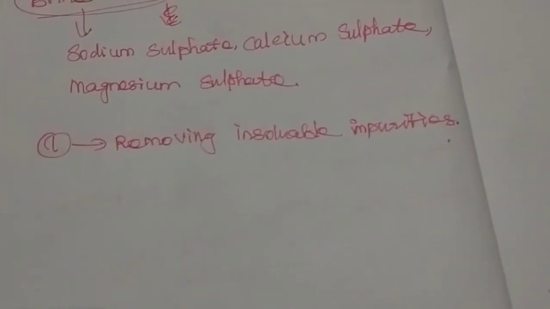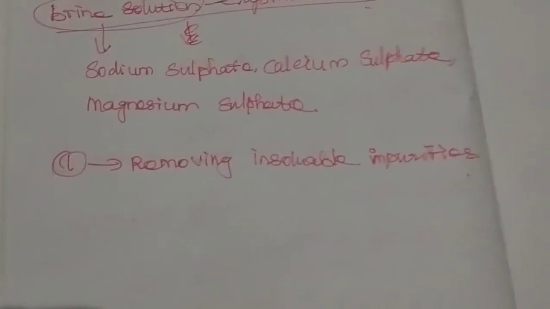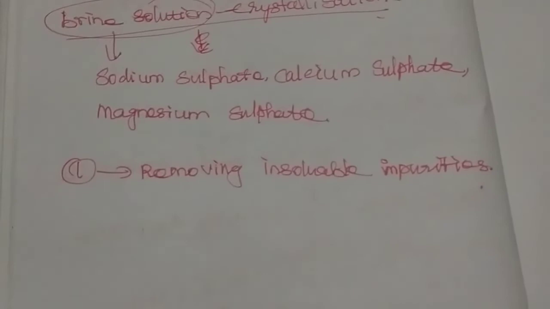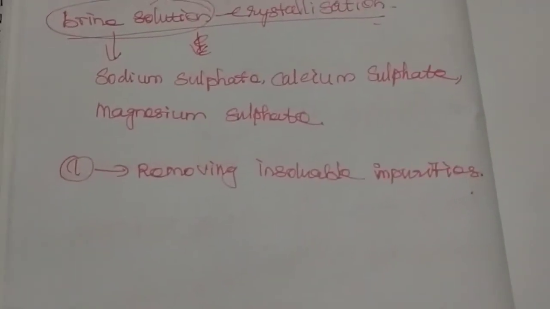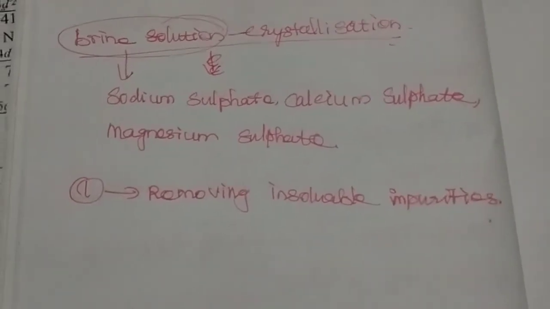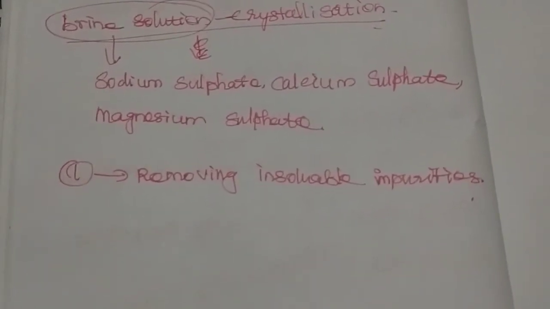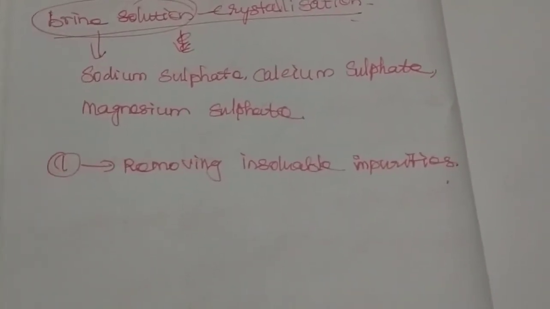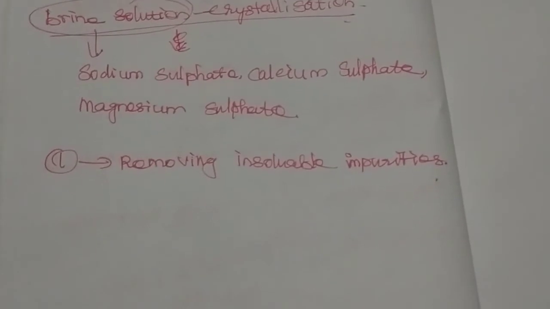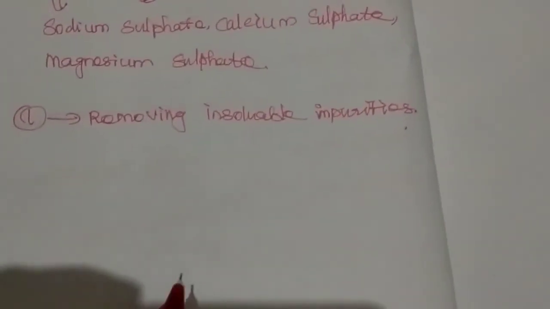Sodium chloride can then be crystallized after removing the insoluble impurities from the dissolved crude sodium chloride.